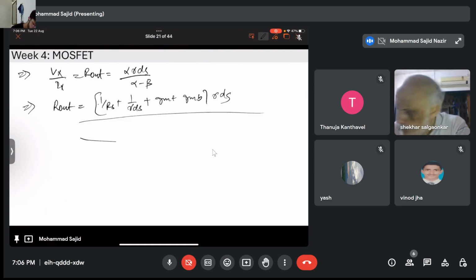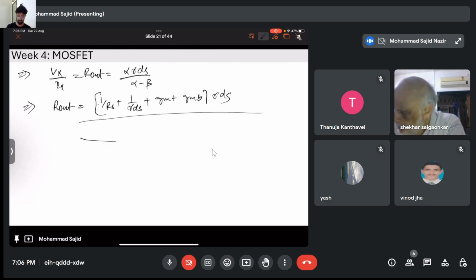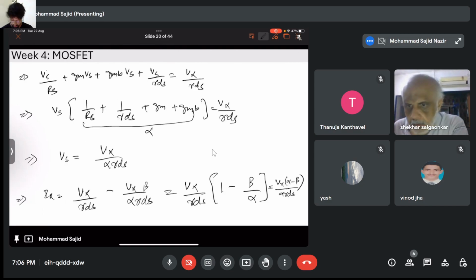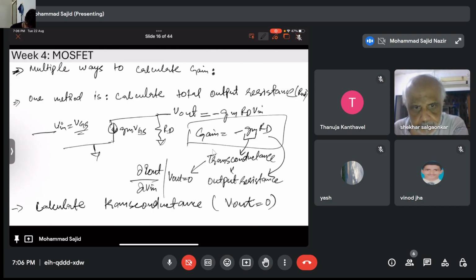Alpha has these four terms, and you see that beta has Gm and Gmb, minus and plus. One second, there is some mistake. This should cancel out. Let me check the KCL again.